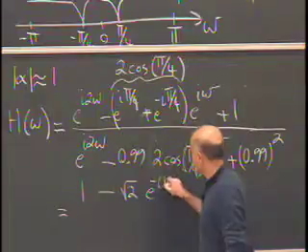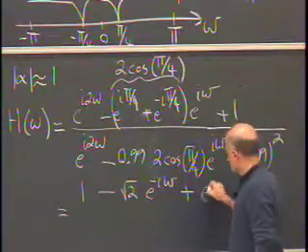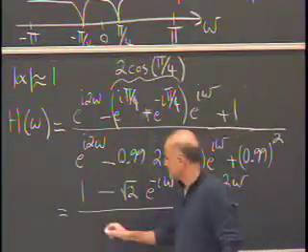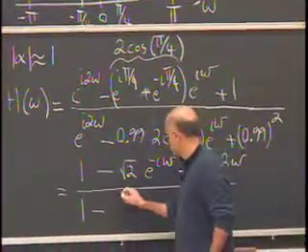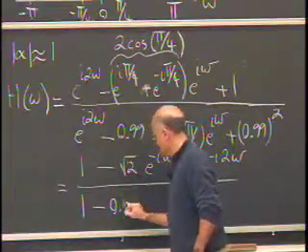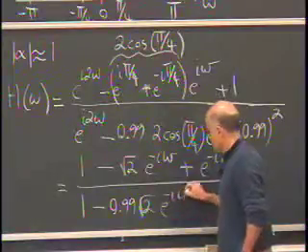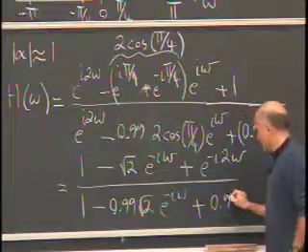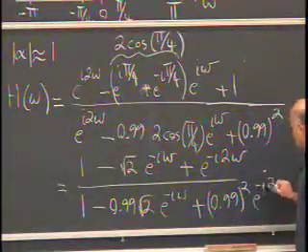E to the negative I omega, plus e to the negative 2 I omega, divided by 1 minus 0.99 times root 2 e to the negative I omega, and then plus 0.99 squared e to the negative I 2 omega.